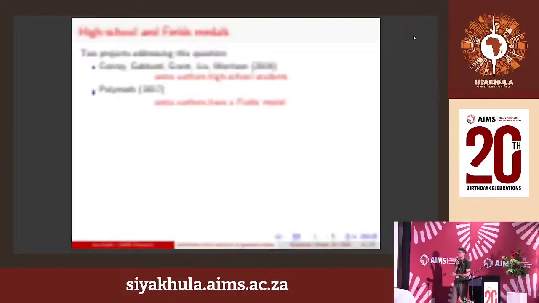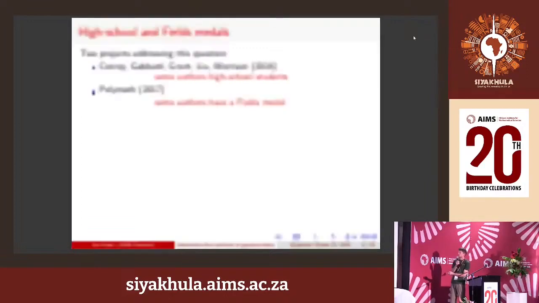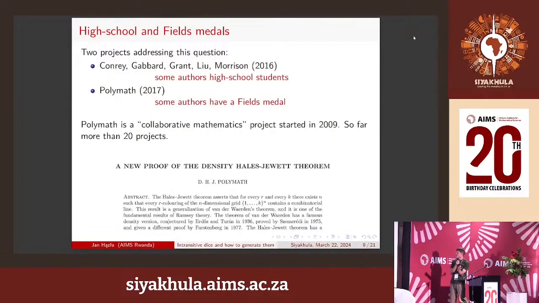These Polymath projects are an idea that has been tried in recent years to do mathematics in a little different way. Some very reputable people are involved in it, and even in this project there were some very, very strong people involved. Basically it's called collaborative mathematics.